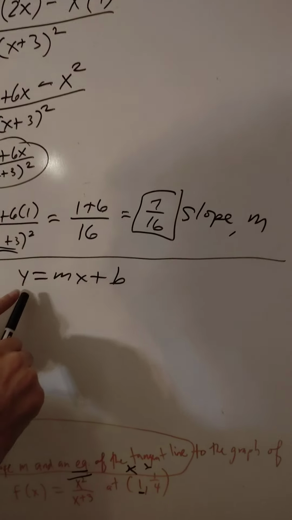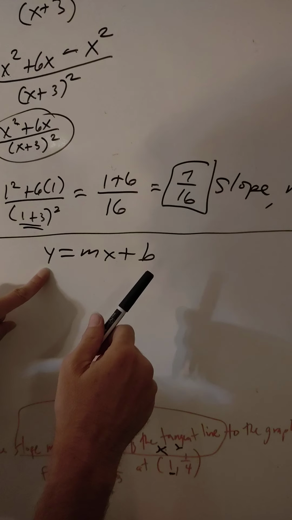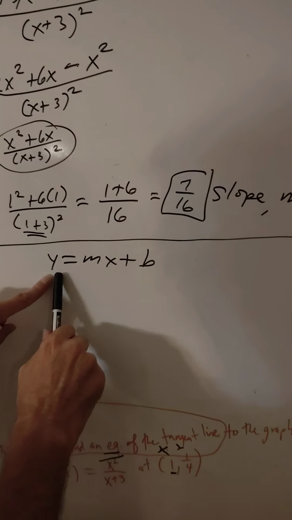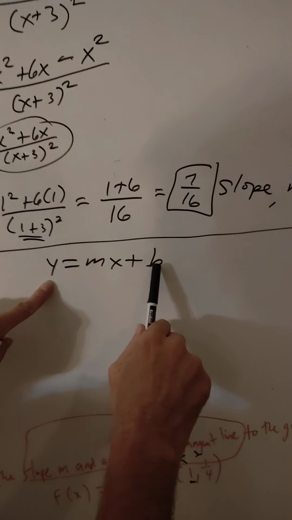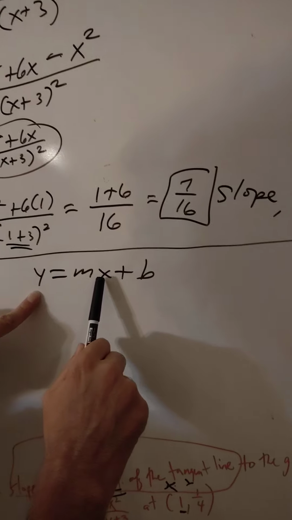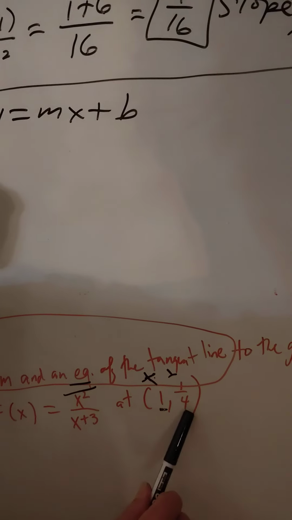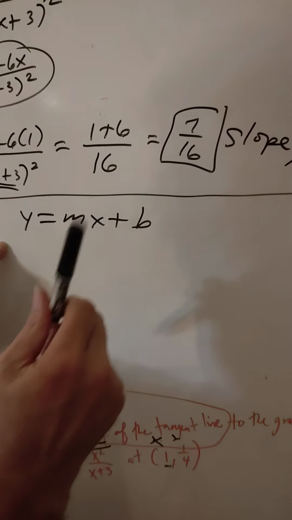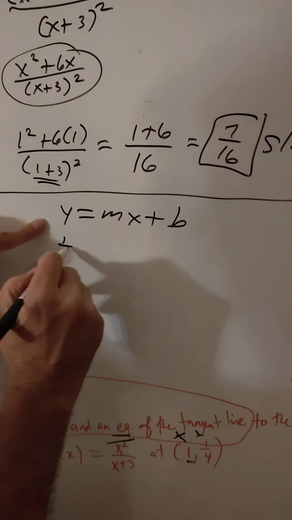So I like to do slope-intercept form to write the equation of a line. You could also do point-slope form. So if you like this form, which most people seem to prefer, you have to find b. The only way to find b is if you fill in for x, y, and m. Well, we know x and y from the point, and we know m from the slope. So for y, write 1/4, the y coordinate.